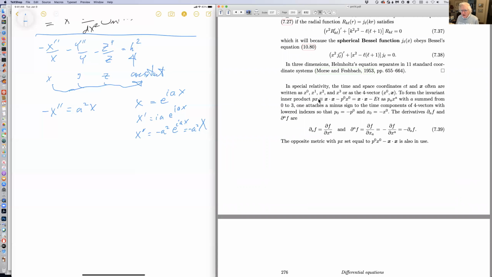And then the inner product, if I'm writing it as p·x, is the 3-vector p dot x minus p^0 x^0, or equivalently x dot x minus Et. Here, I'm in units again with h bar and c equal to 1, because otherwise you just have to keep track of the h bars and c's, and it's in general a waste of time.